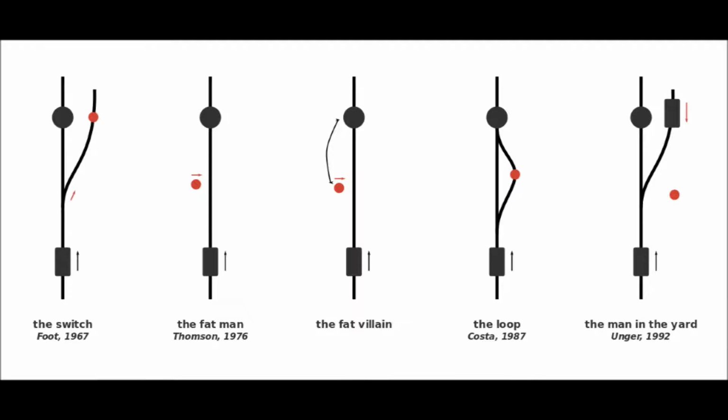Now, when you get to the last one, the man in the yard, you have the trolley, once again, heading toward 5 people, but you can send a trolley moving in the opposite direction.